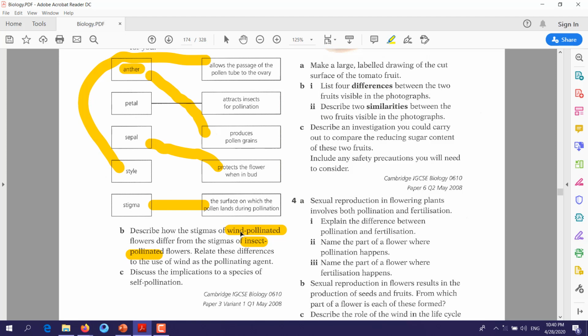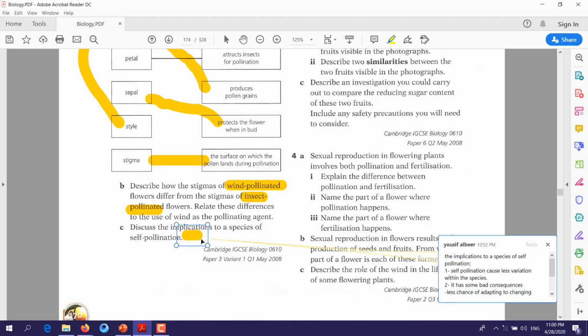Why? So it will increase the chance of landing of the pollen. But the stigma of the insect pollinated flowers should be sticky. Why should it be sticky? Because it will increase the chance of sticking to or taking the pollen from the bodies of insects.